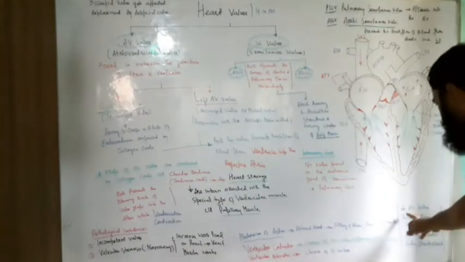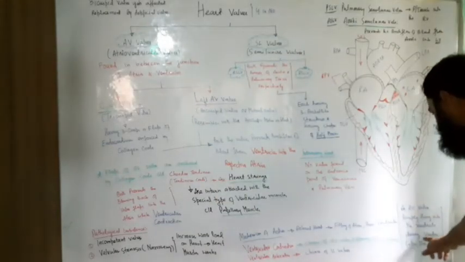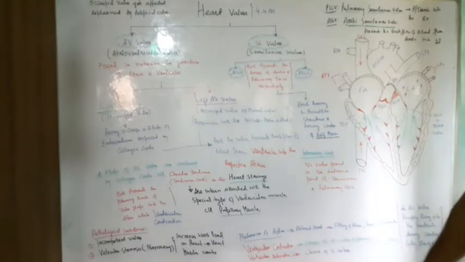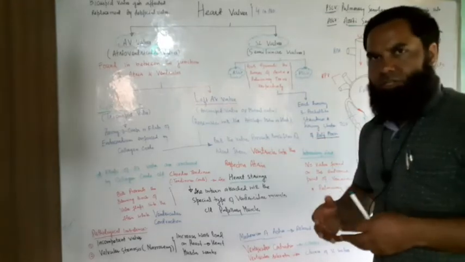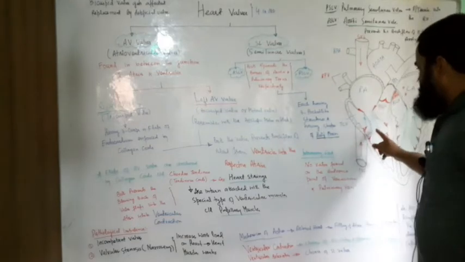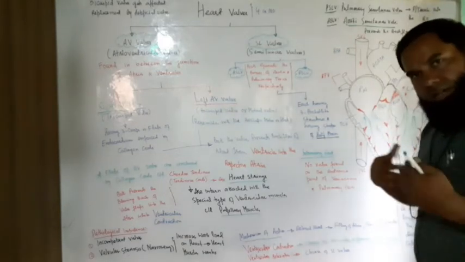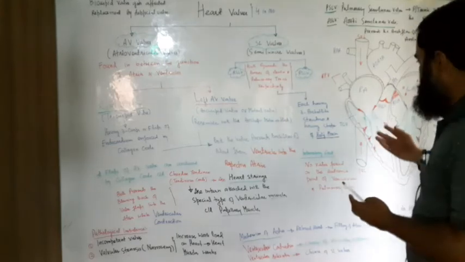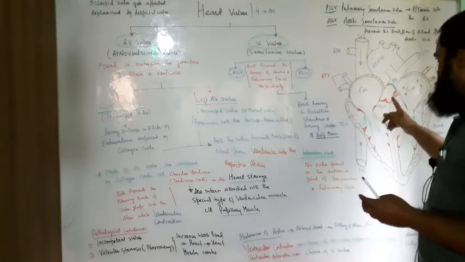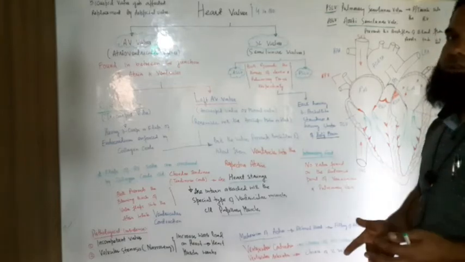Here, the AV valves limply hang into the ventricles during ventricular filling, as I have mentioned earlier. When the ventricles are relaxed, the blood rushes from the right auricle and left auricle into the respective ventricles.